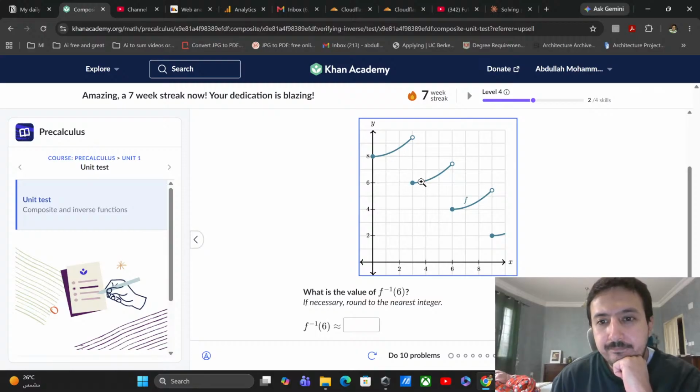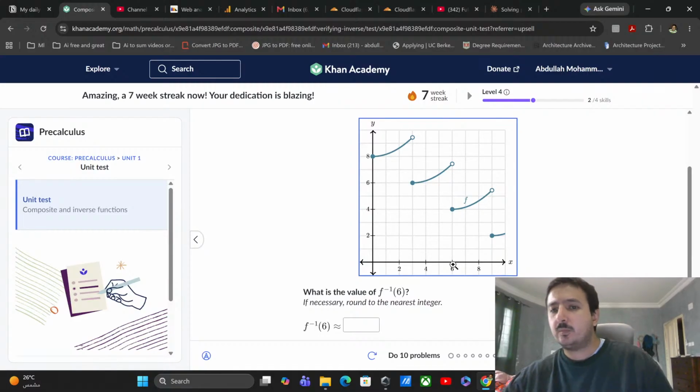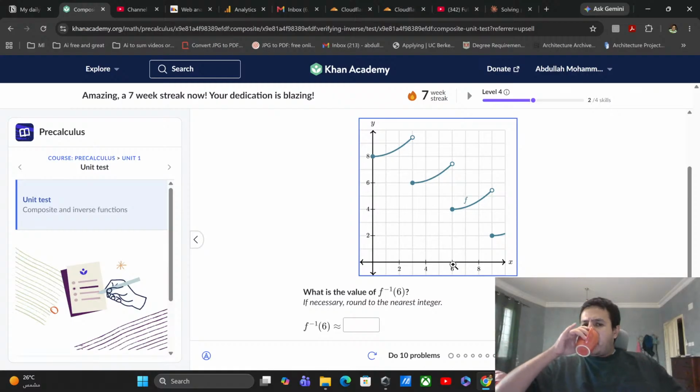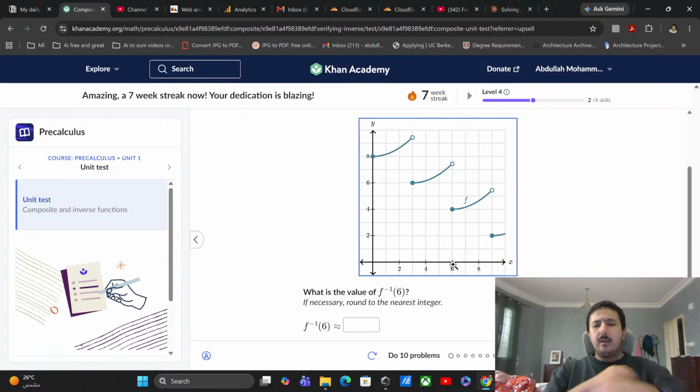So what does that mean? Very weird. Which means that's not the inverse of 6.